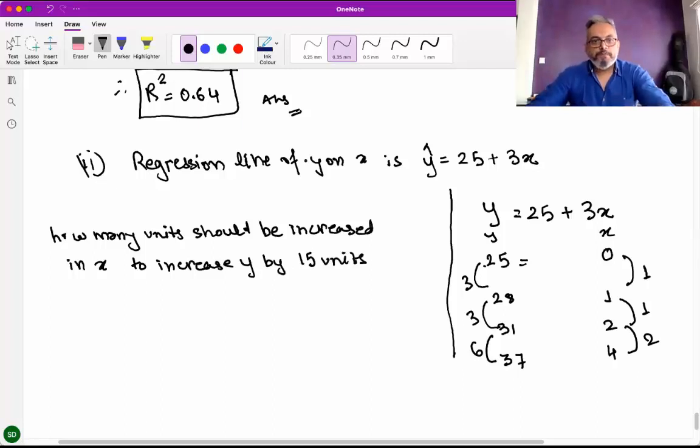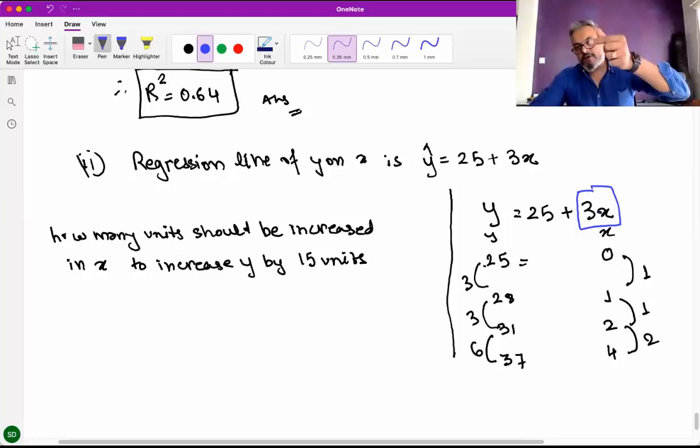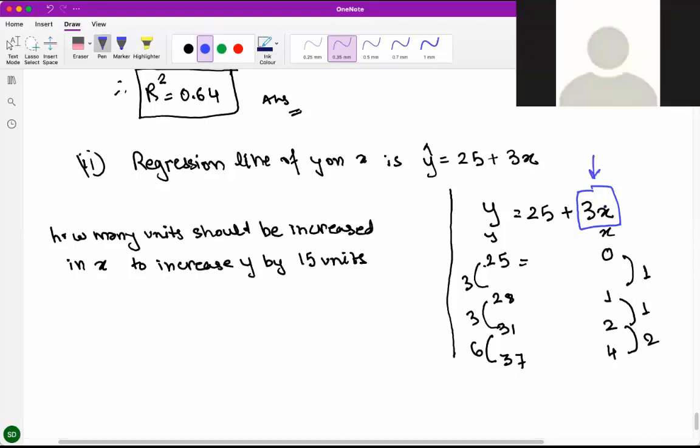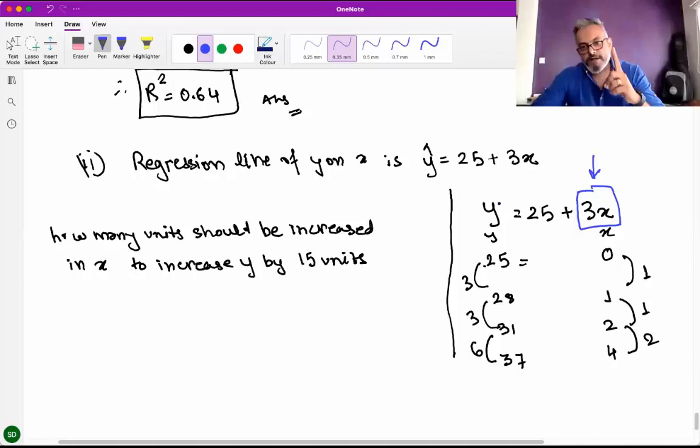अब ध्यान दो. So can I say this 3 into x determines कि x 1 unit से बढ़ा तो y 3 unit से बढ़ गया. You all agree with me? Yes. x 1 यूनिट से बढ़ा तो y 3 यूनिट से बढ़ गया. ये 25 तो स्टेबल है, इसको कोई फर्क नहीं पड़ता कितने भी यूनिट हो जाए.